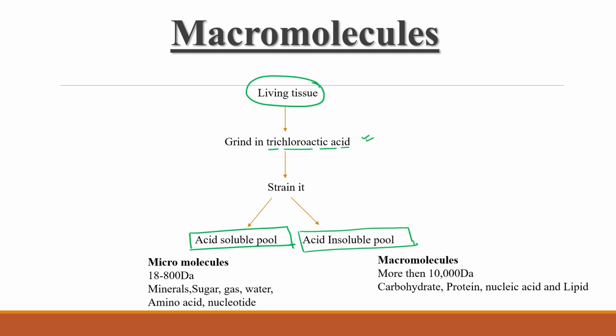So in the acid soluble pool, some molecules are able to dissolve. Those are known as micromolecules, whose molecular weight is between 18 to 800 Dalton, like minerals, sugar, gases, water, some amino acids, nucleotides.